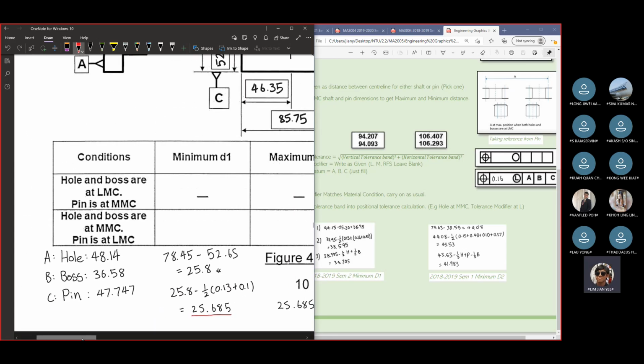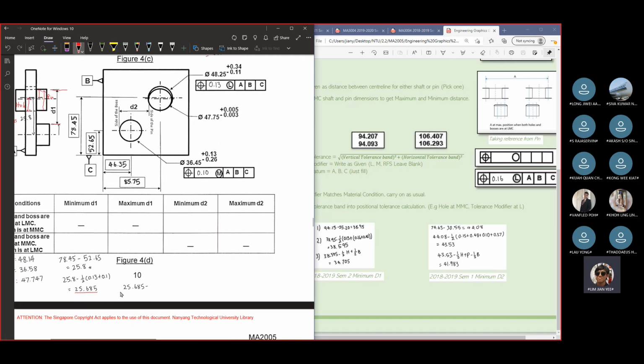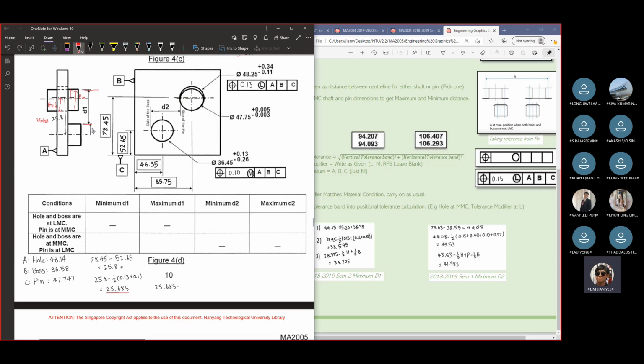I hope you saved it in the calculator. Now we settle the boss first. You minus half of the boss, then you minus half of the hole, then you add the pin. Then you get the answer.